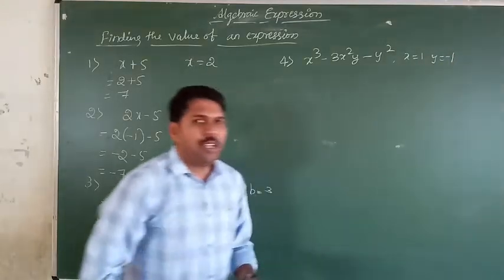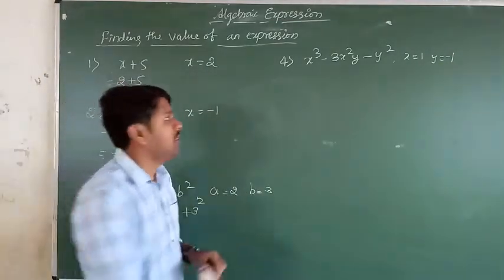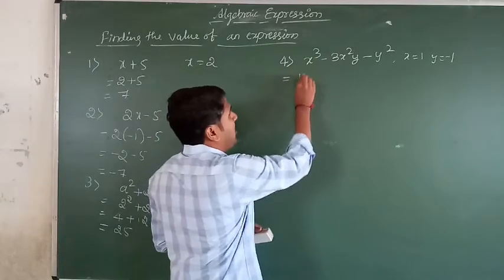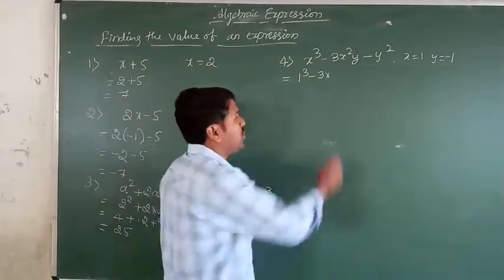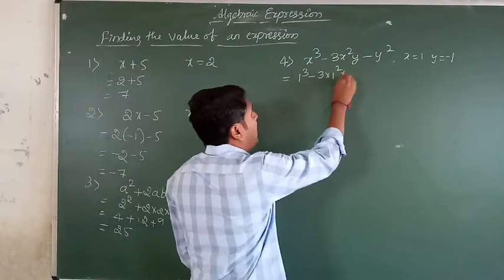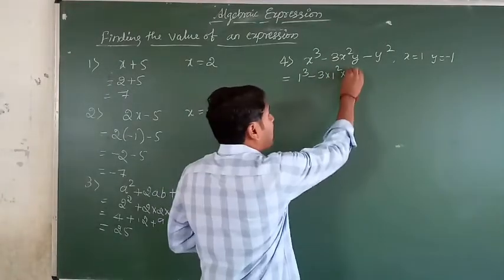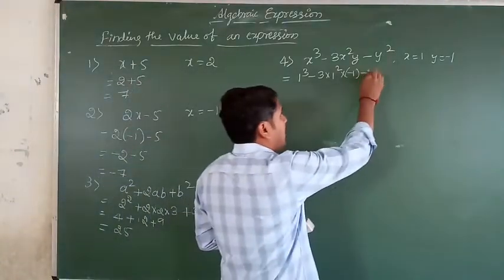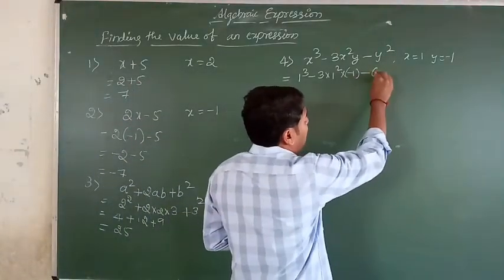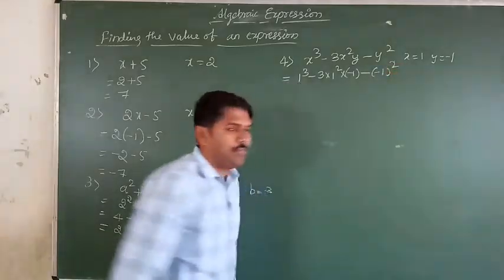Okay, so take the values. The x value is 1, so put the value: 1 cube minus 3 into 1 square into the y value, which is minus 1, so write it in a bracket, minus the y value minus 1 square.